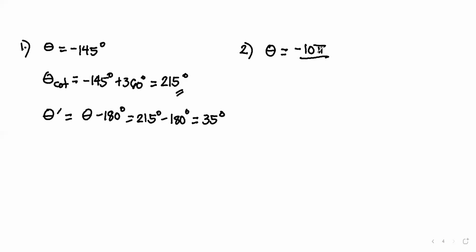So if the given theta is negative 10 pi over 3, again, to find the coterminal, we're going to add 2 pi.